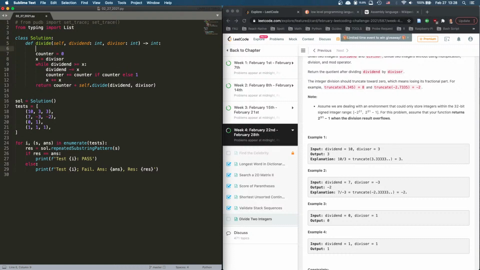And we're going to have a sign equals 1 if... hold on. My dear Lord. So if they're both negative, we can just turn them into positive. If one is negative, then we just turn the sign into negative. Okay?